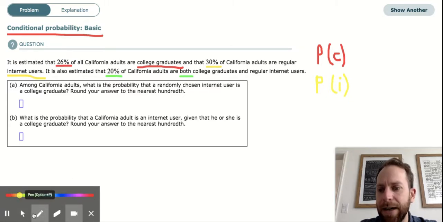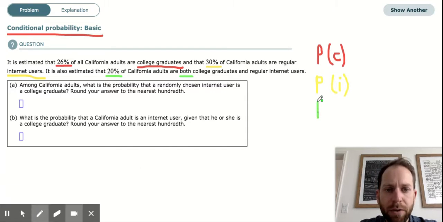So C and I, both of those. The probability of being a college graduate and an internet user. Let's make this an and sign so it's not confusing that it's a plus. So this is the probability of college graduates.